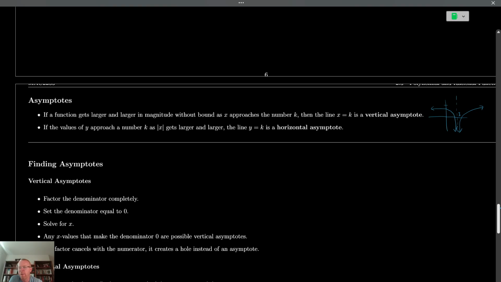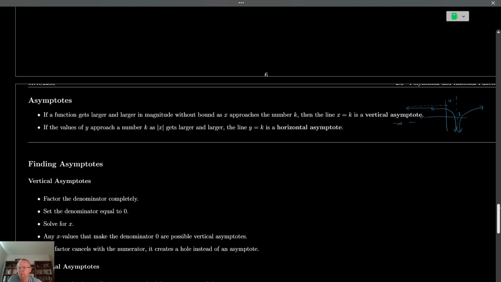So if we called this 4, and let's draw an imaginary line here, and say the graph gets closer and closer, so x is going out to negative infinity out here. X is getting bigger and bigger in the negative direction, and y is getting closer and closer to 4. It will never actually get to 4, but it gets close to 4.